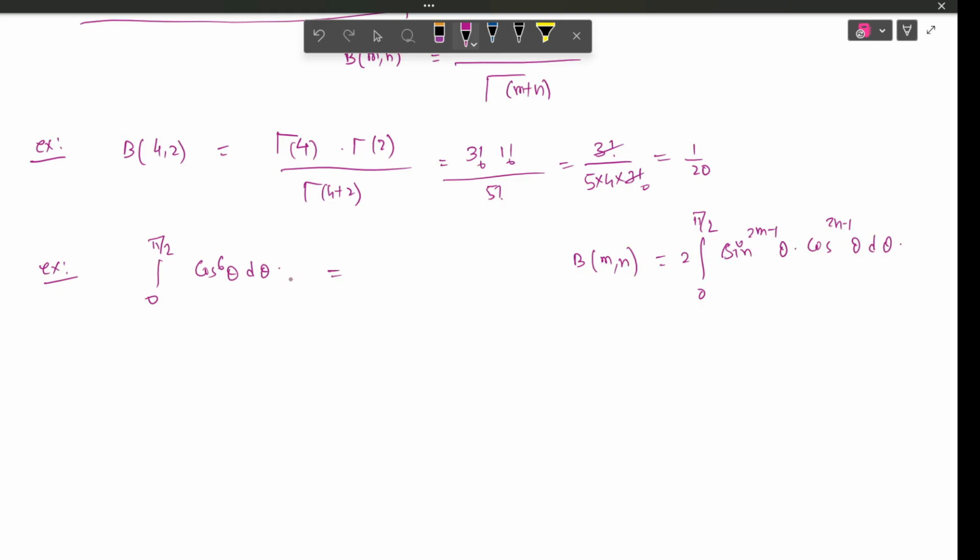So here the sin term is not there, so we can say 2m minus 1 is 0, that is m is half, and 2n minus 1 is 6. This implies n is 7 by 2, and we have to divide by 2 here to get this integral. So this should be half of beta of m is half and n is 7 by 2.